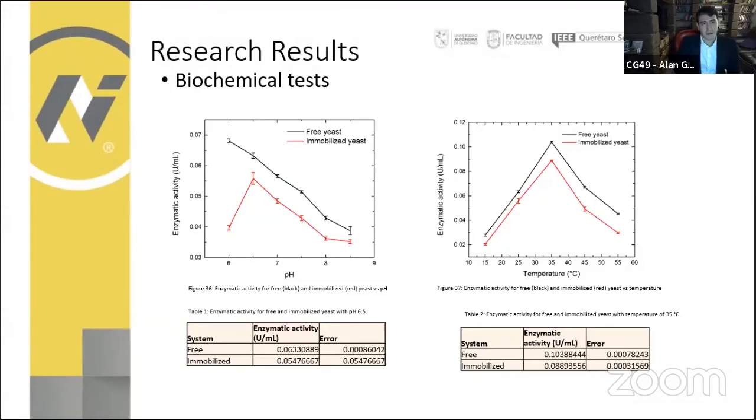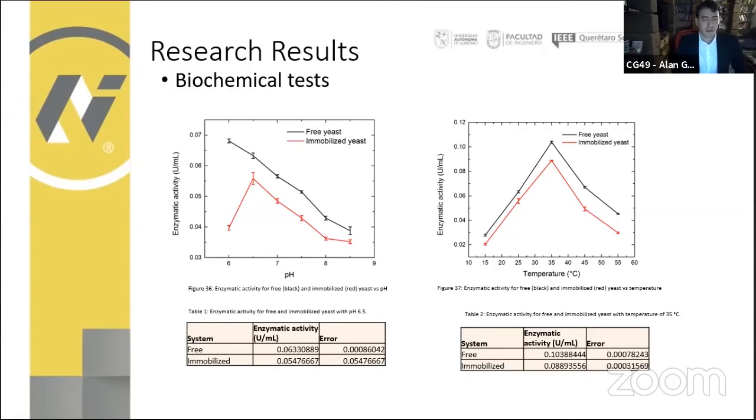And for our biochemical tests, we ran 2 different tests, one with a free yeast and one with an immobilized yeast. For the free yeast in the pH graph, we can see that the optimal pH was about 6, which is the optimal pH reported for this Saccharomyces cerevisiae.